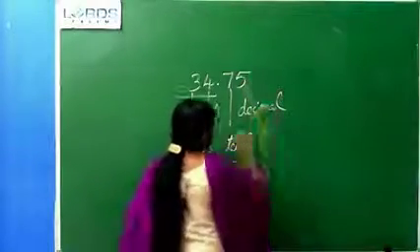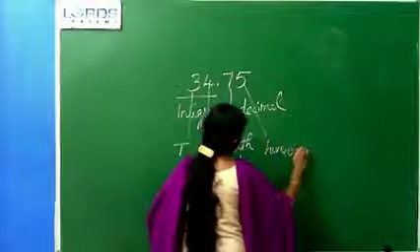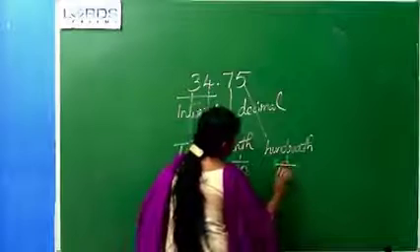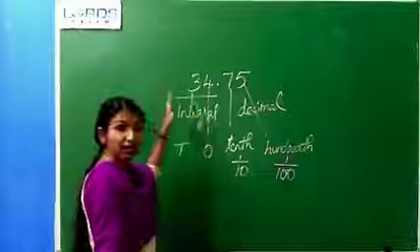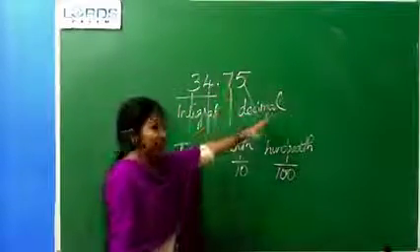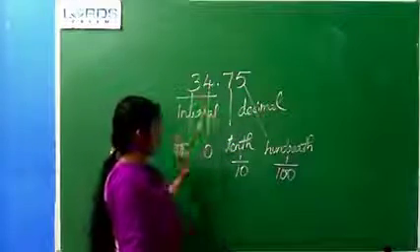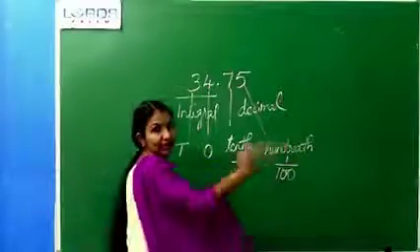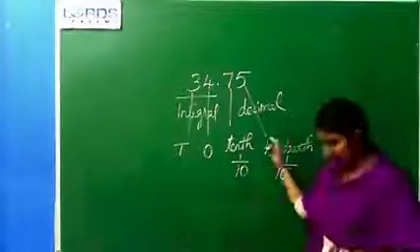The next one is 100, which is 1 by 100. See, on the integral side we have 1, 10, 100, but in the decimal side, there is no oneth. Instead, the next ones are tenths, hundredths, and it will go on to the right side. So place value is clear to us.